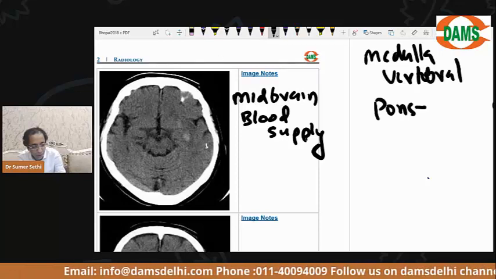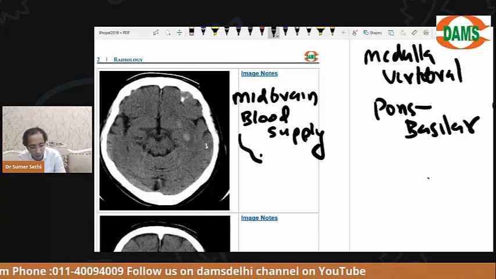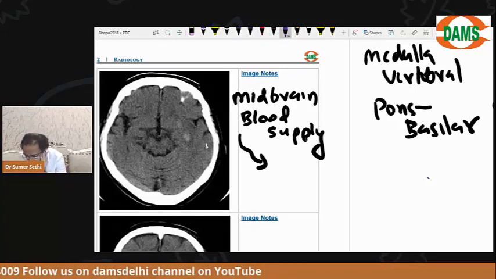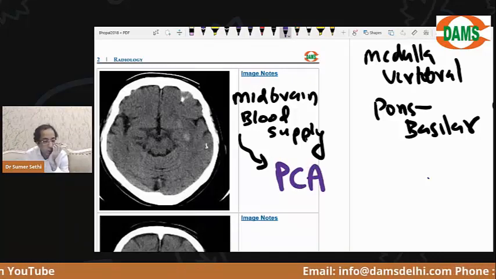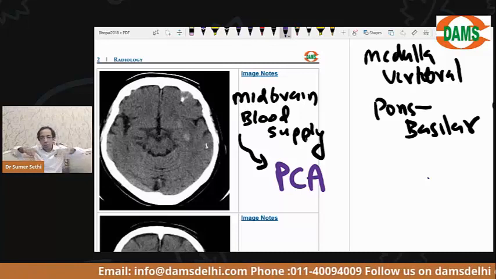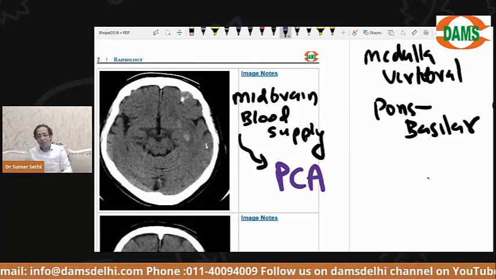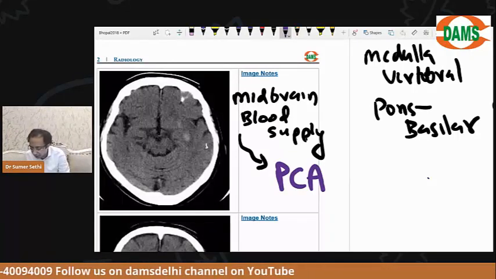Pons is supplied by the basilar artery. What about midbrain? Predominant supply of midbrain is via the posterior cerebral artery. Midbrain की supply PCA से होगी, because you remember PCA was surrounding the midbrain, so midbrain will be supplied primarily by the posterior cerebral artery.